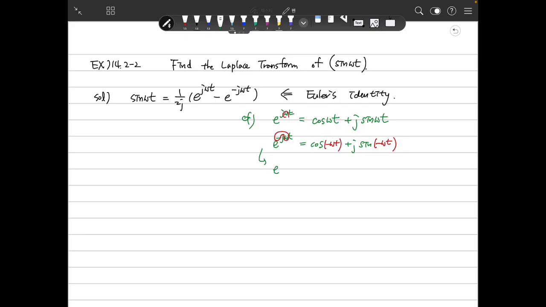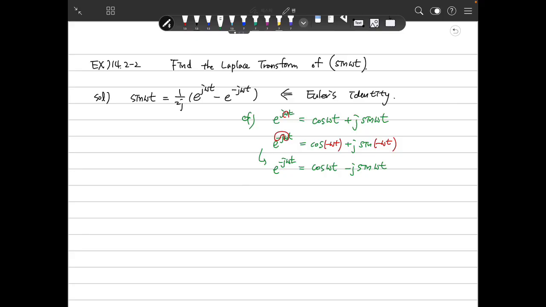Therefore, exponential minus j omega t will be: cosine is an even function, so that's the same as cosine omega t, and sine is an odd function, so that will be minus j sine omega t.